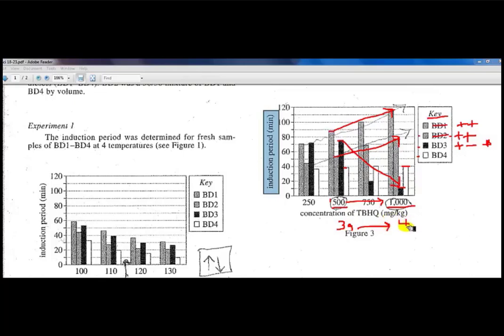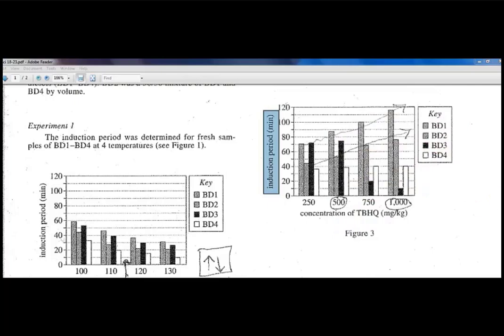That is still an increase, ever so slight, but that arrow is going in the same direction as BD1, BD2. That is a positive relationship. As we increase the concentration, the induction period goes up. The only one that's going to be inconsistent here is going to be the one with BD3.